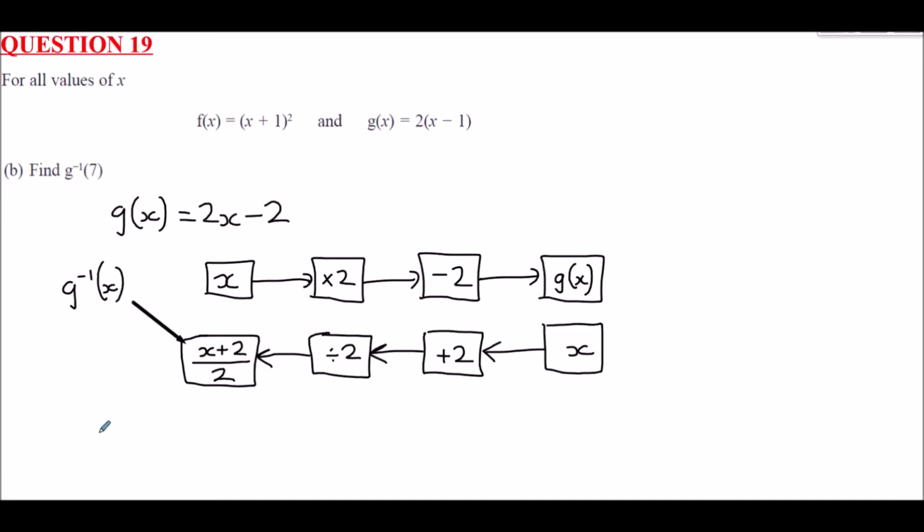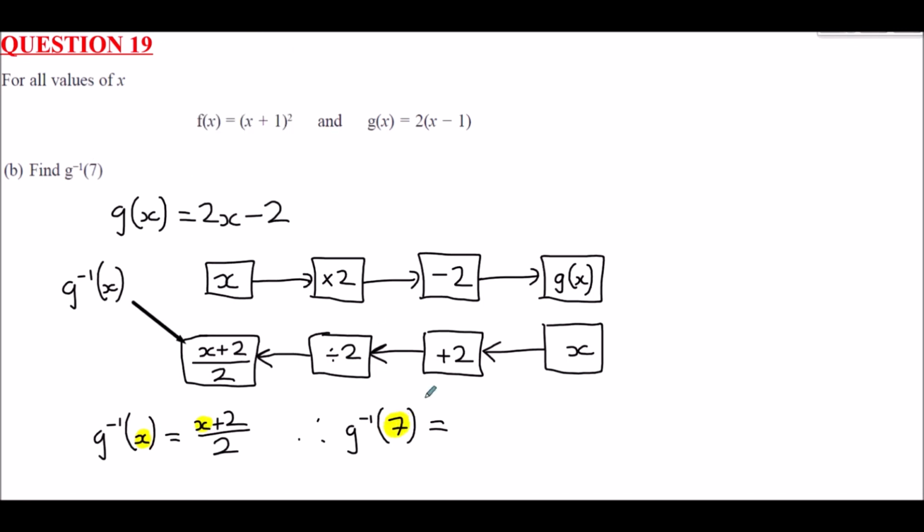So in other words, g minus 1 of x is x plus 2 over 2. We don't want to work out what g minus 1 of x is. We want g minus 1 of particularly 7. So all we need to do here is just switch the x for a 7.